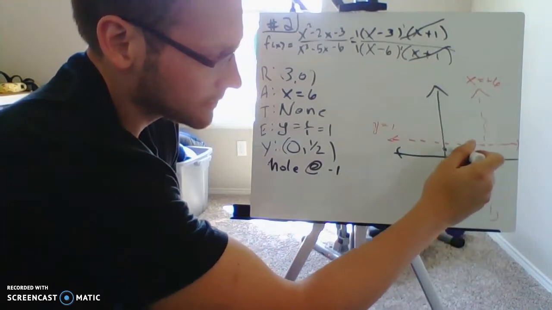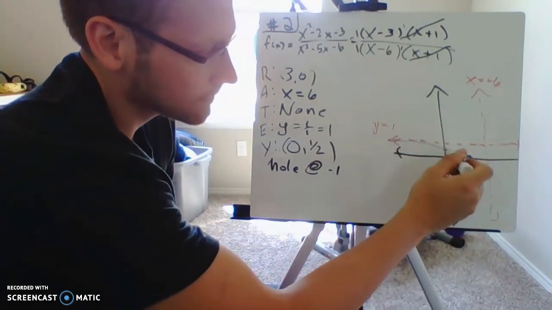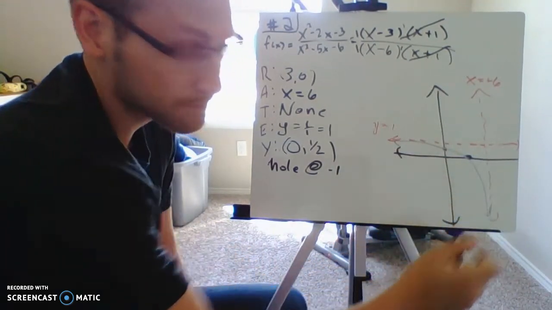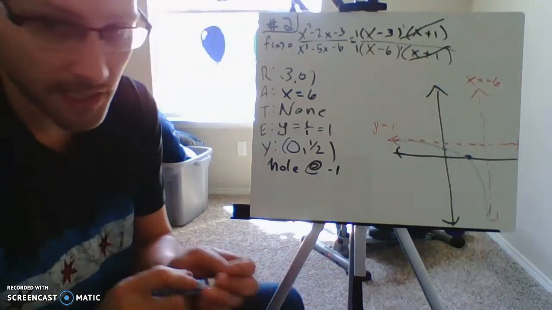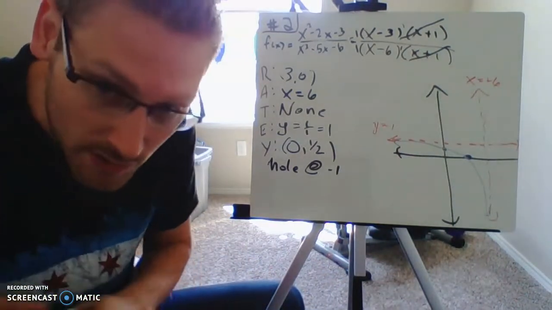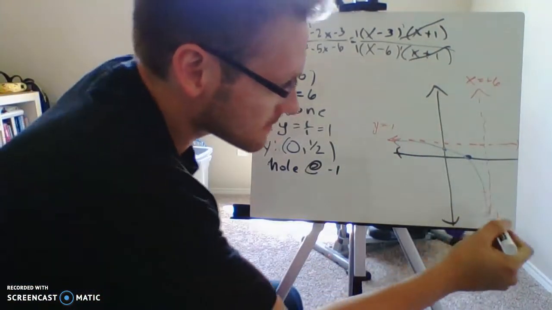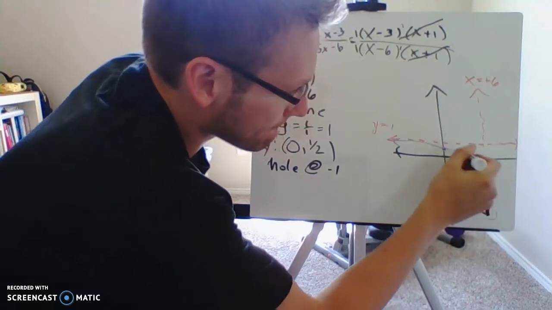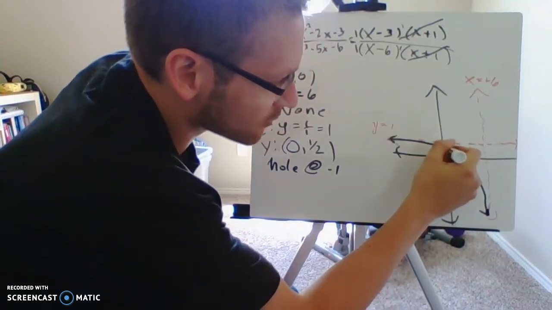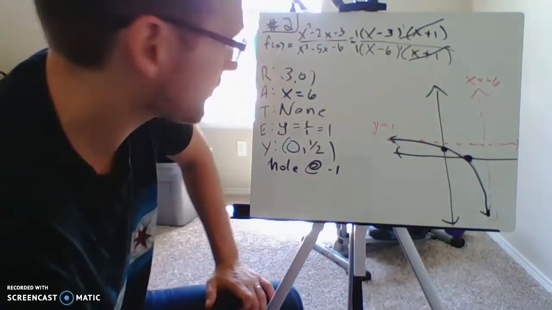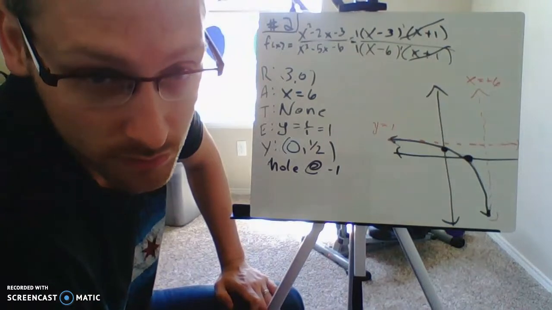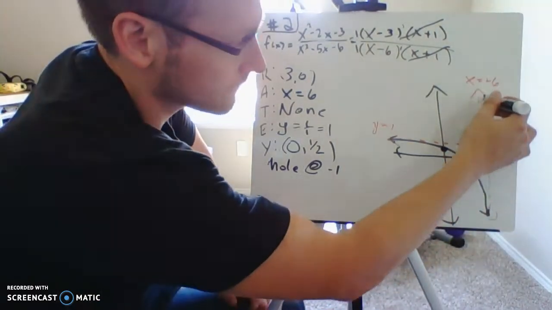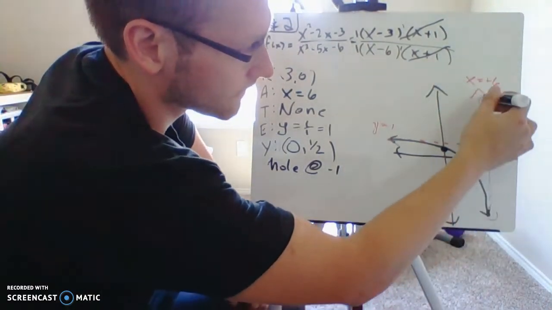So it's going to go like this towards this end behavior, and then it's going to go towards this asymptote. I'm going to do that a little bit thicker in black so you can see it better. Goes through 1/2, goes through 3, and then there's no touching, so it's going to come back up here, and it's going to go towards the end behavior.